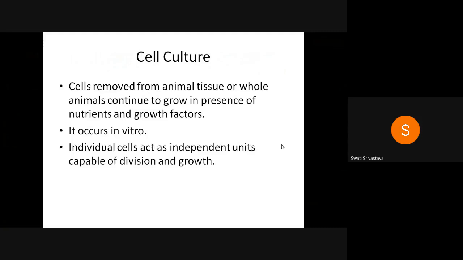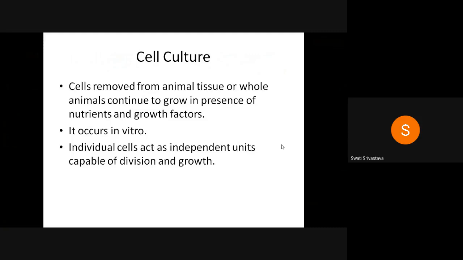Now the approach has changed. You cannot do it always in vivo. Now the approach is in vitro. So there is a giant leap, you can say, from in vivo to in vitro. This discovery or this invention was just like stepping on the moon of the mankind.